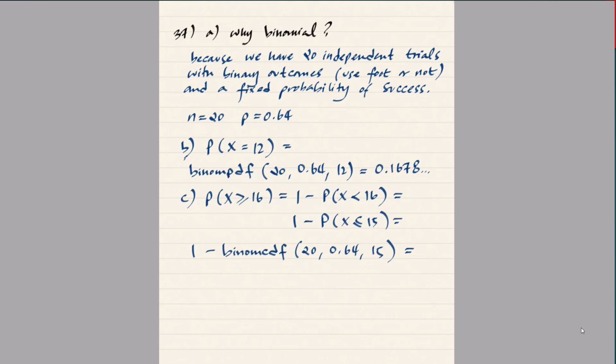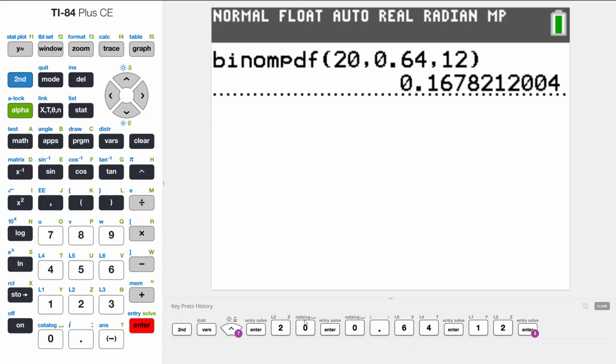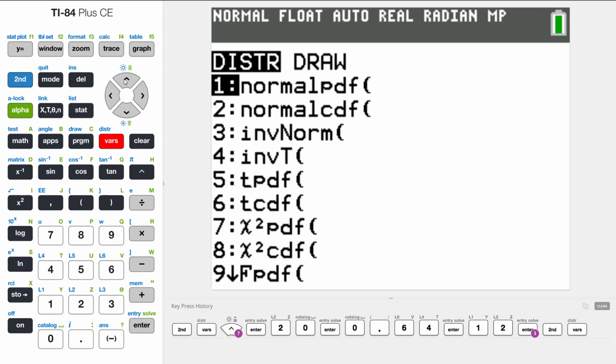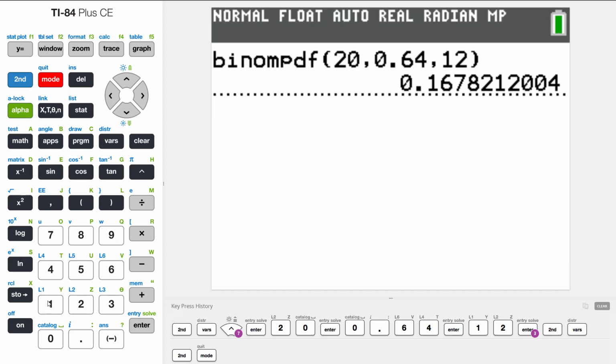Let's go back to the calculator and get this probability. So again, you have to go to the second VARs menu, and we're actually looking for a CDF. And I forgot to do something. I did something kind of dumb. Let me quit this here. I have to do 1 minus first, and so unfortunately you can't key that in after the fact.